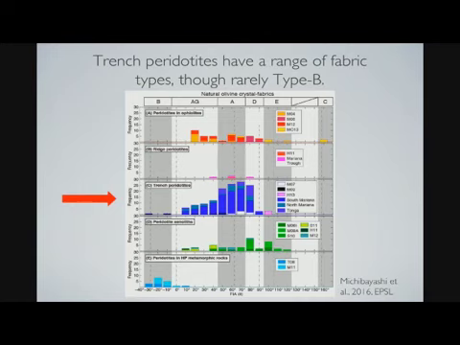So for the LPO side of things, in the last 15 years or so, we have a lot of great observations that have come out. To some extent, they've disproved the models that are out there, in that we don't have a really good framework to predict when you get different LPO types.